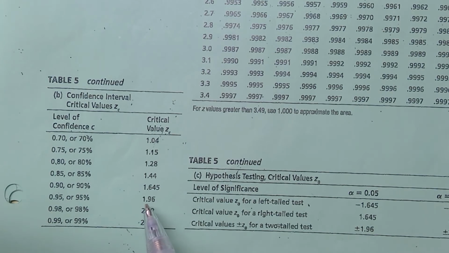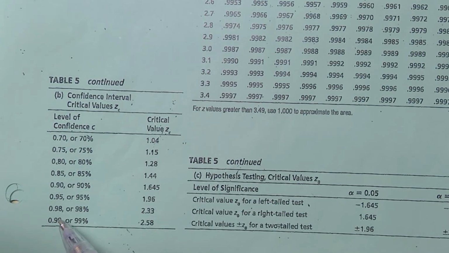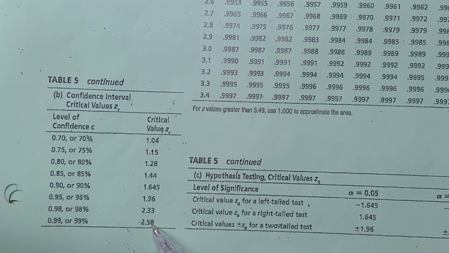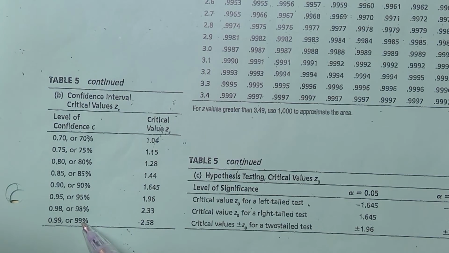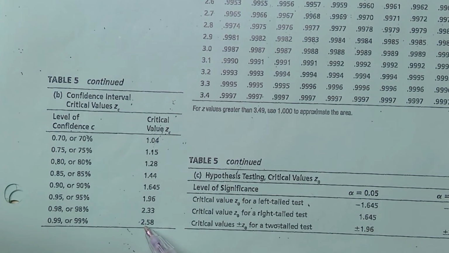It's 1.96 and negative 1.96. In a minute, we're going to look for a 99% confidence interval. That's going to be both of the 2.58s. If you want 99% of the curve fenced in, you got to go from negative 2.58 to positive 2.58. But we're using 95%. We're going to use the 1.96s.